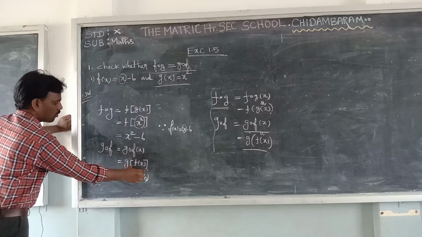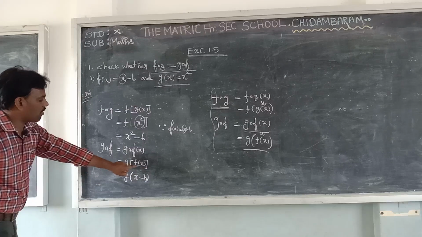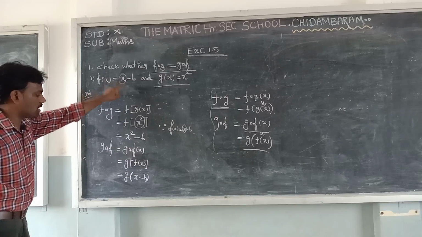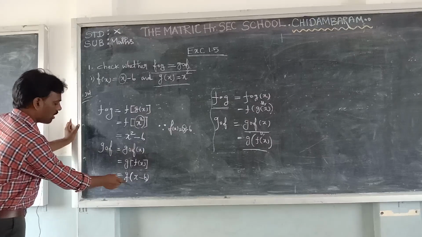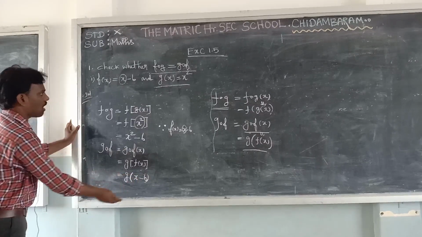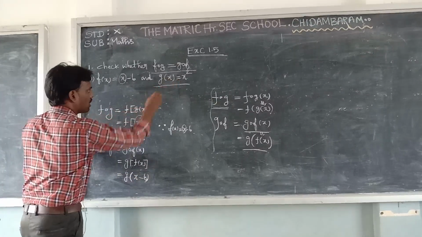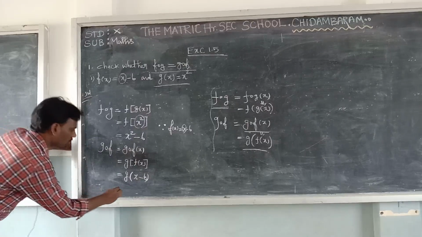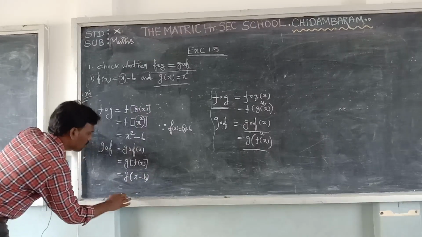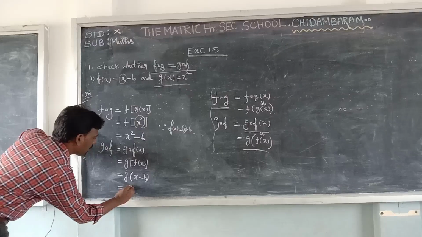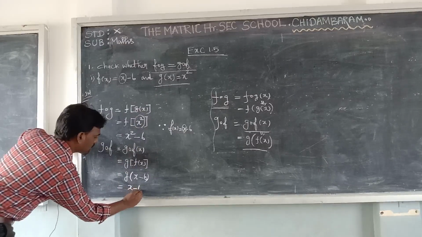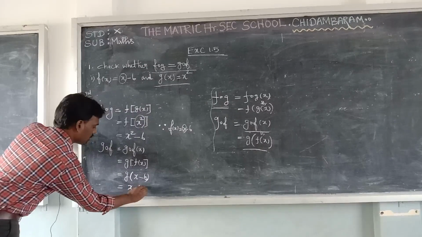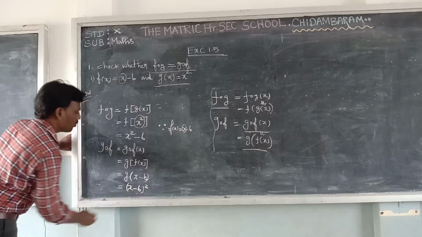So f of x, inside the bracket f of x இருக்கு. f of x value x minus 6. So f of x place la x minus 6 replace பண்றோம். g of x வந்து x square. So x place la x minus 6 the whole square அப்படி முடிக்கணும்.